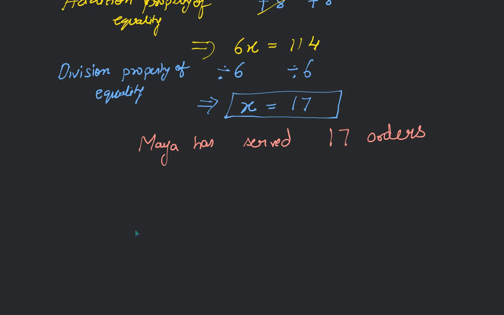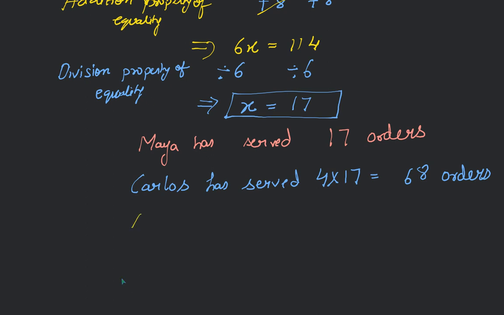For Carlos, since he is serving 4 times more orders than Maya, so since it is 4 times x, we can directly multiply 4 with 17, which is equal to 68. So Carlos has served 68 orders.